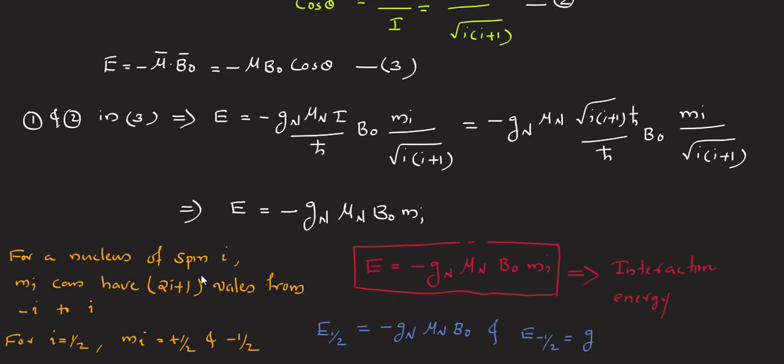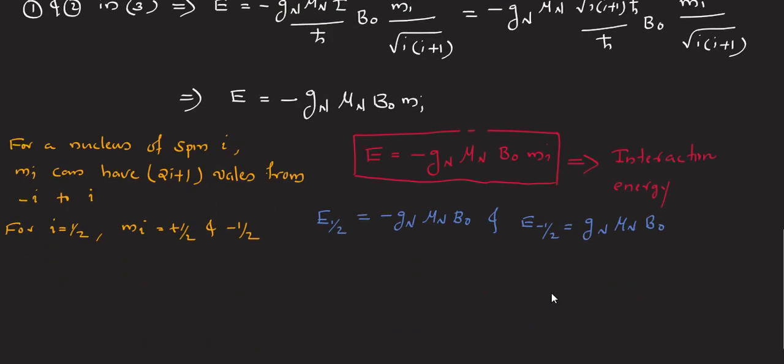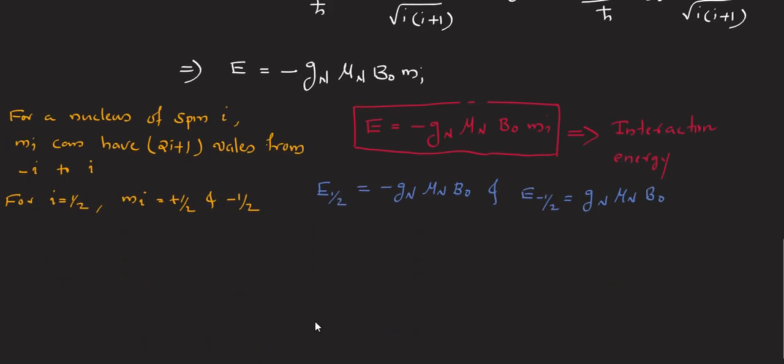This is equal to Gn mu n and B0. That is, in the presence of a magnetic field B0, your initial energy level E is split up into E half and E minus half.